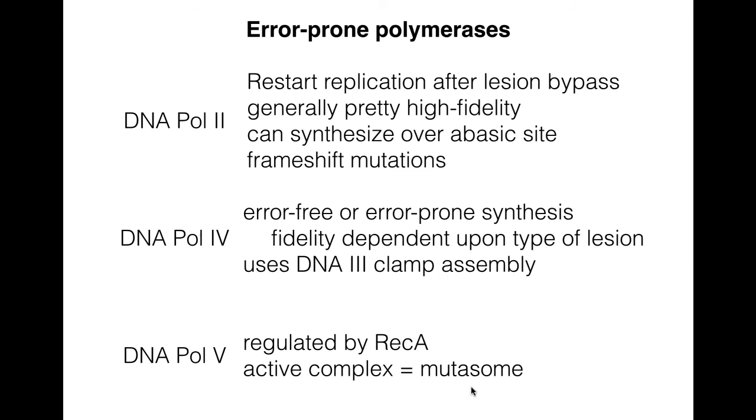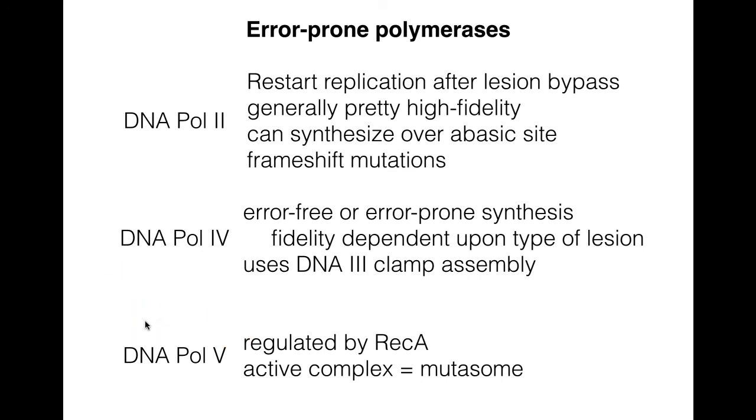It can catalyze translesion synthesis in several types of DNA lesions, including, just like DNA polymerase 4, cyclobutane thymine dimers, 6-4 photoproducts, etc. So it's going to be doing some of the same things as polymerase 4. It's just going to act in a different way.